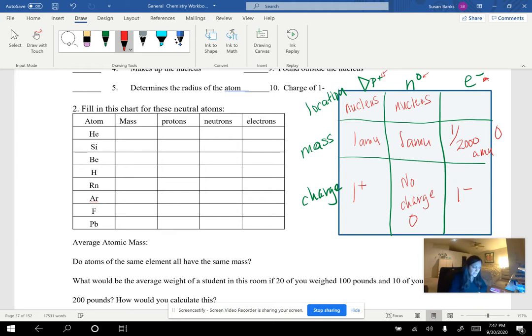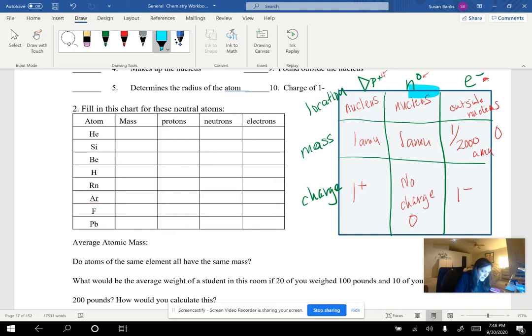And then the location is outside the nucleus. They aren't in the nucleus, but we don't really have a super defined location because the electrons move. They're buzzing all around the outside of the atom. So hopefully this helps you make a little bit of sense.